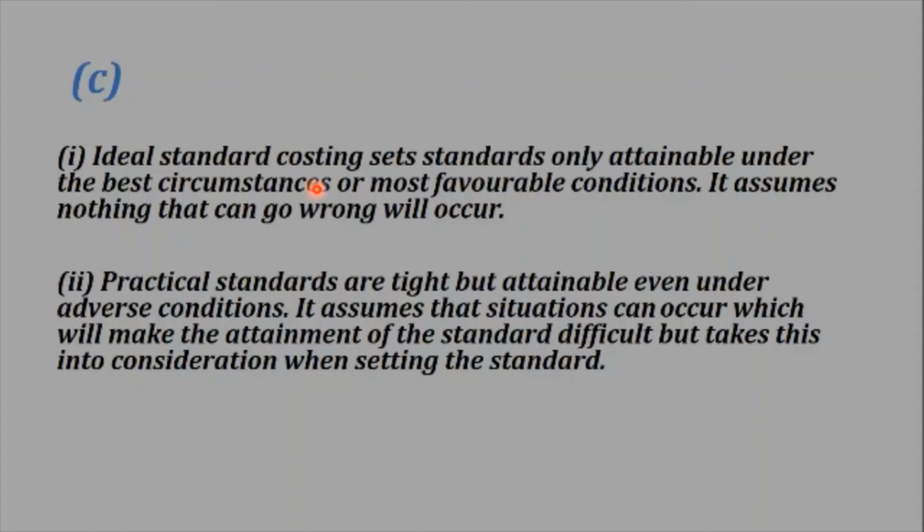You have no shutdowns and no strikes, and you get the best prices attainable from your suppliers and all of that. Practical standards are tight but attainable. Those are the key words that you need in answering these.